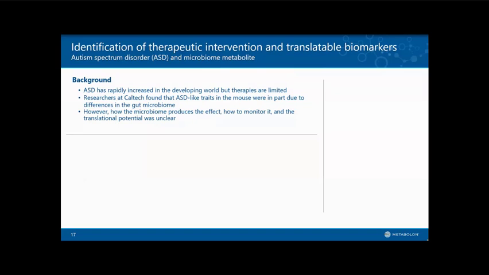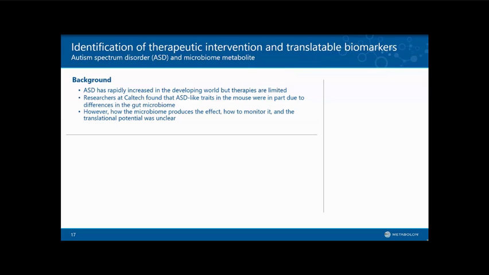So the next example is actually more about finding targets and also translational biomarkers that are more related to efficacy, in contrast to the previous example, which was related to safety. So this is actually in autism spectrum disorder, or ASD, and this started out in a rodent model.